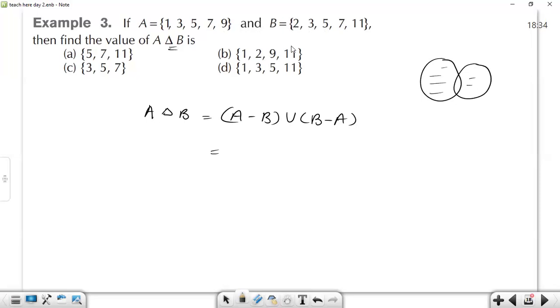We are taking all the elements. So what are the common elements? 3, 5, 7. So 1, 9, 2, 11 must be in the set. That's why B is the correct answer. Clear? Yes, sir. Good then. Let's go ahead.